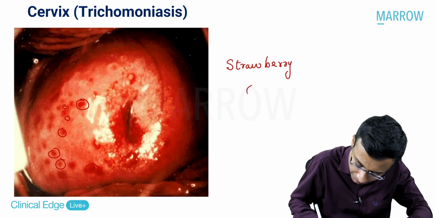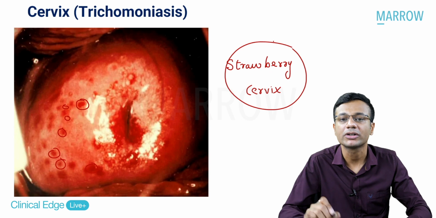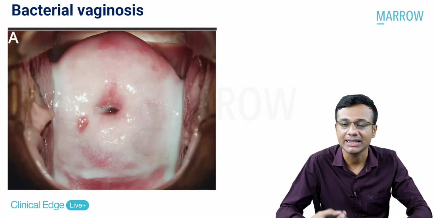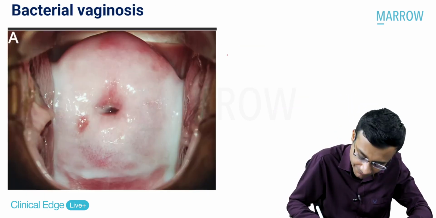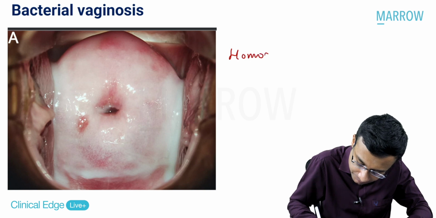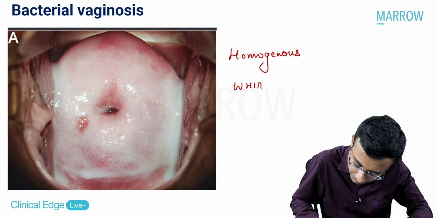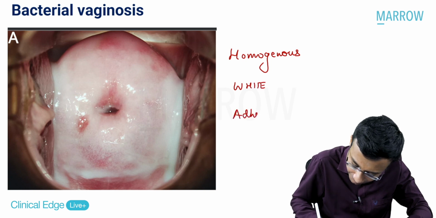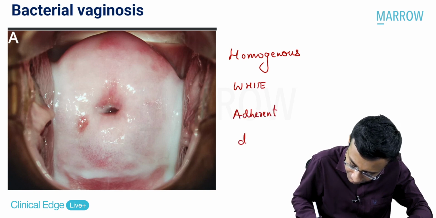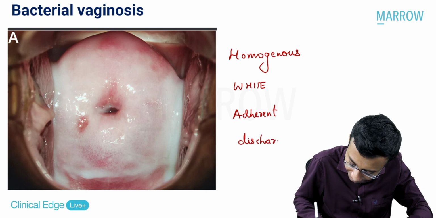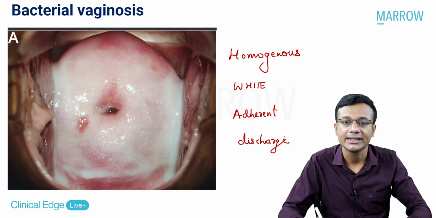Very important for trichomoniasis. And then bacterial vaginosis, how do I describe the discharge? Homogeneous, white, adherent discharge. So homogeneous, white, adherent discharge.